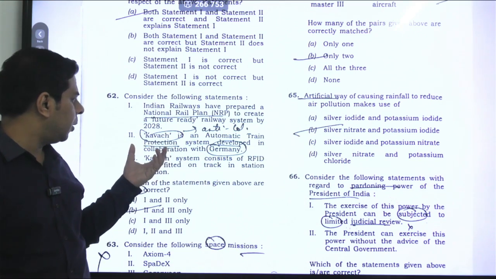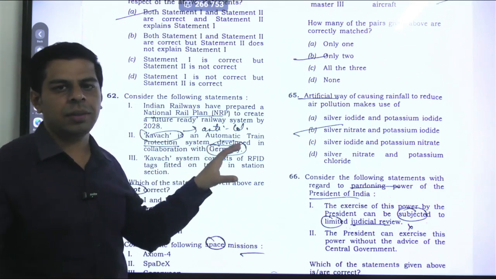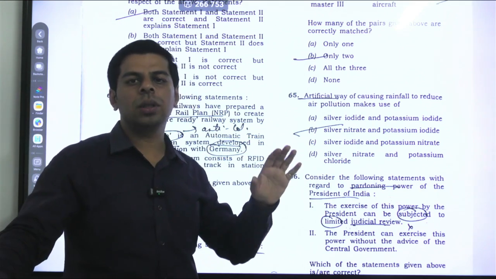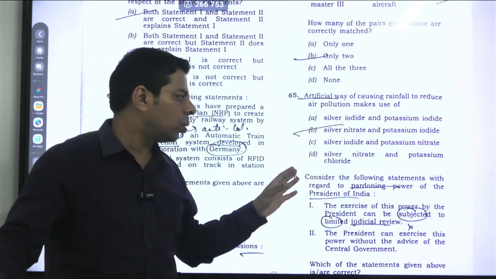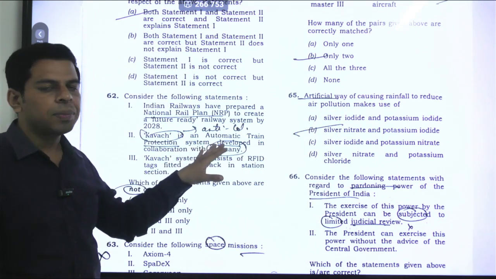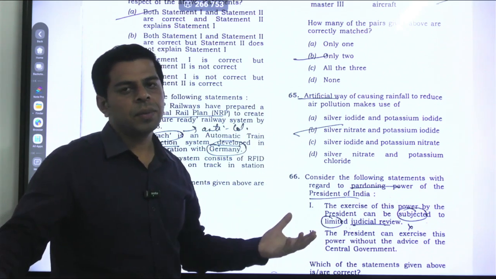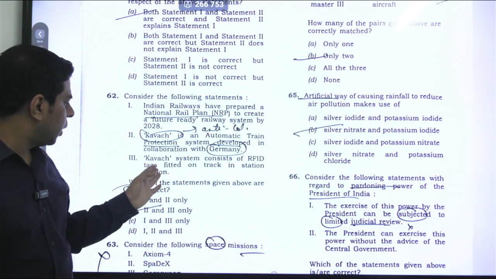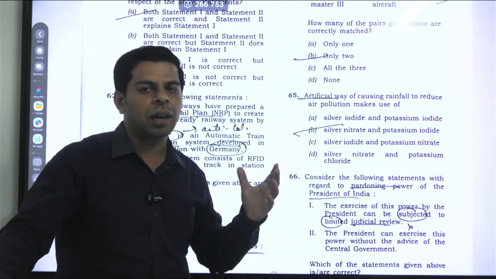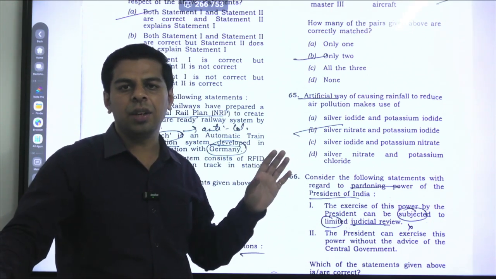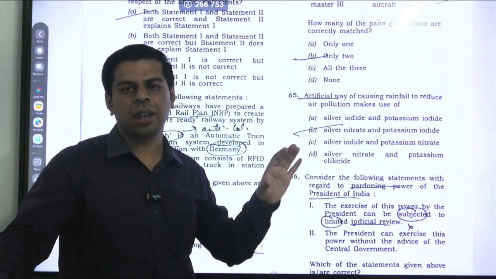The second one is once again debatable, the automatic train protection system, because Kavach is our Indianized version, even though the system has been inspired by Germany and Japan. So this statement is once again incorrect. We can claim Kavach is majorly developed by the Indian system. And coming to the third part, yes, it has RFID tags on stations for better tracking, because RFID, we know, is the advanced radio frequency identification tag technology, which is known for its authentication and is difficult to counterfeit.